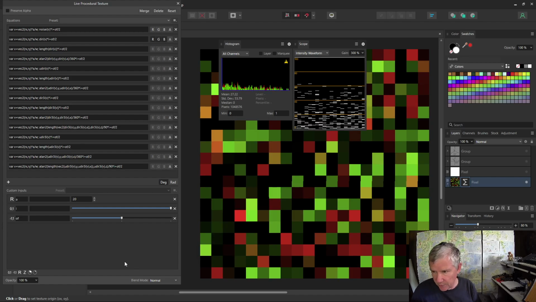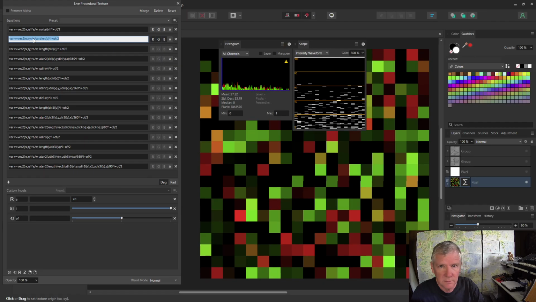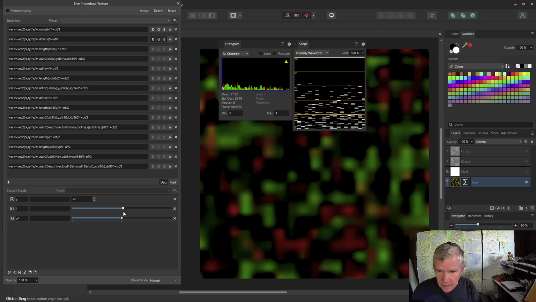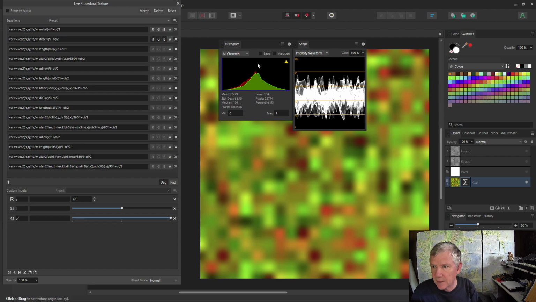I want to look at one more thing, and that is the interpolation methods. So if I look at my dir i, I'm going to change that to an S-curve interpolation. I'll scale that back down, bring it up like that, so that's this distribution, and that's what I get.